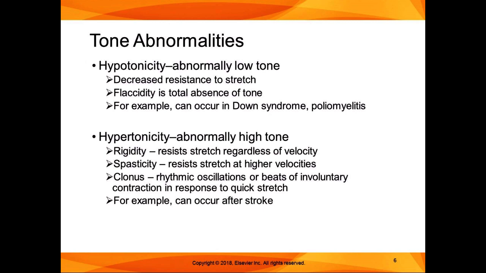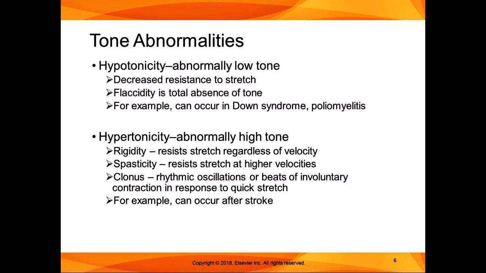Lead pipe rigidity is basically like you can't move their arm. It's really difficult, like pushing a boat through mud. Or cogwheel rigidity, where it catches and releases. That's the cogwheel. Spasticity resists stretch at higher velocities.